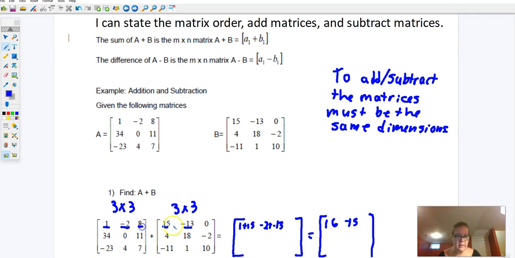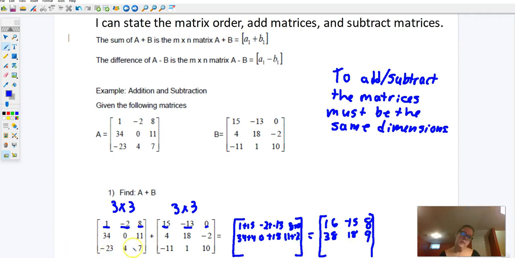Same thing here. 8 plus 0 is 8. 34 plus 4 is 38. 0 plus 18 is 18. 11 plus negative 2 is 9.